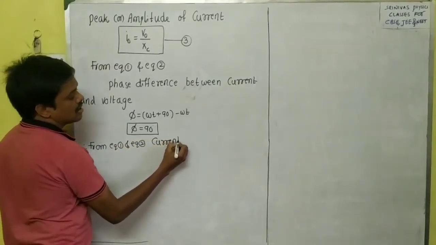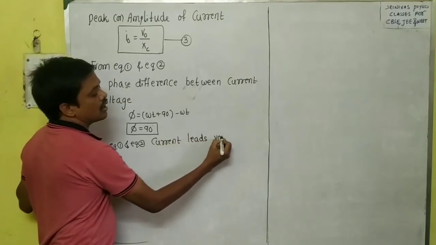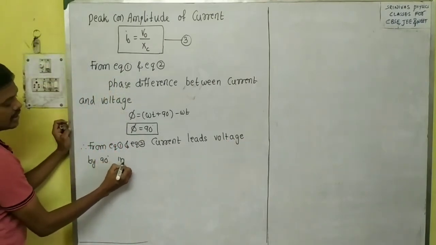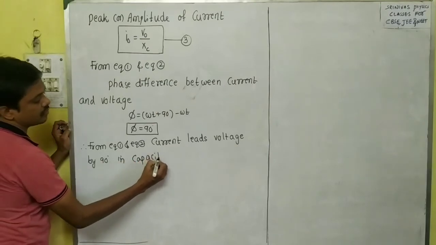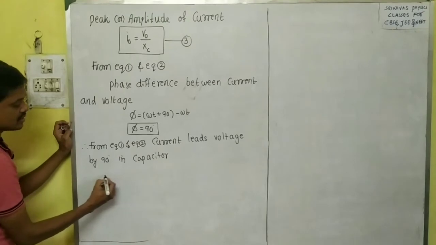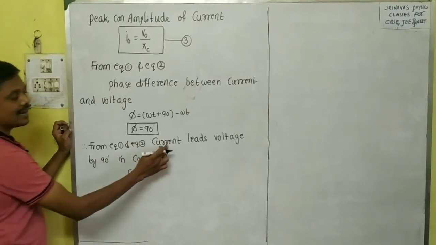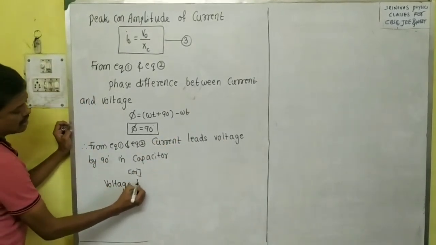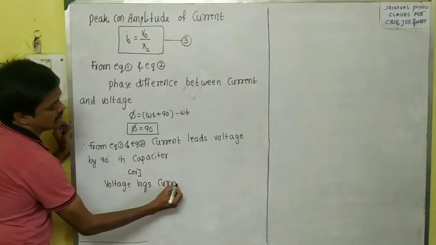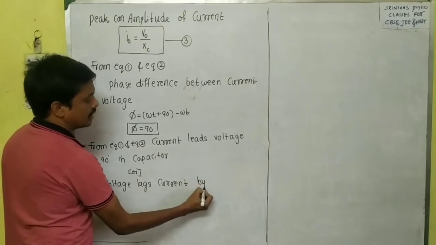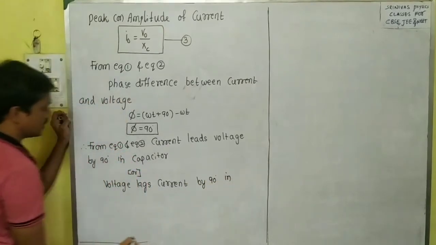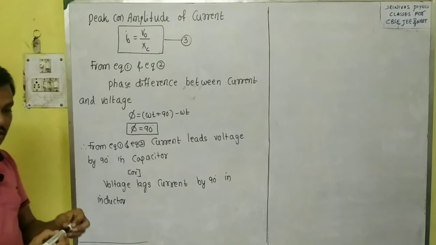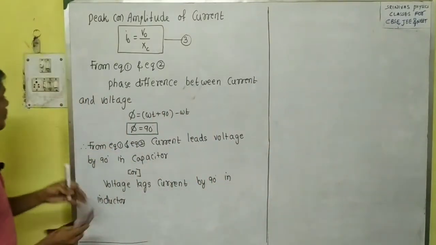Current leads voltage by 90 degree in capacitor, or otherwise we can also write like this: current leads voltage, or voltage lags current, voltage lags current by 90 degree in inductor, when we connect the inductor, not in inductor, we are discussing the capacitor, right? There is a capacitor.